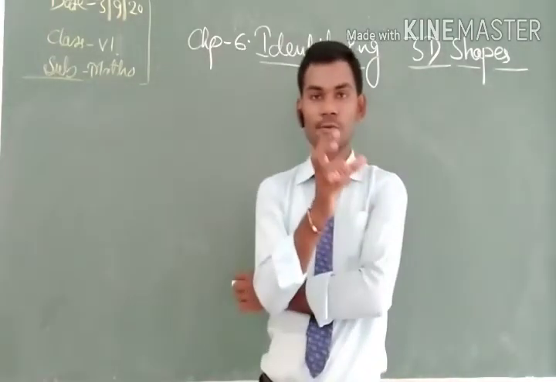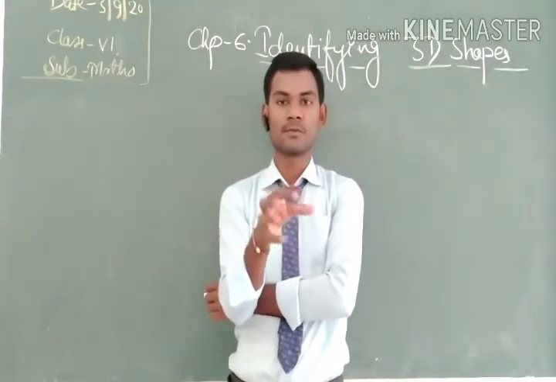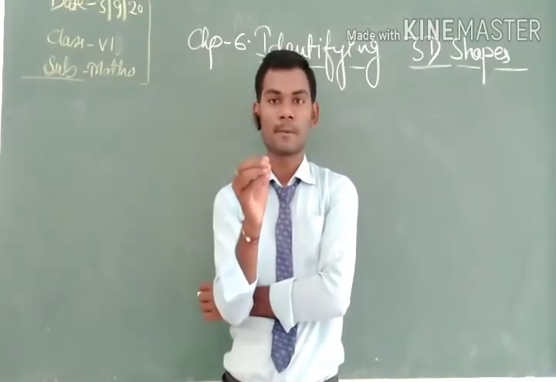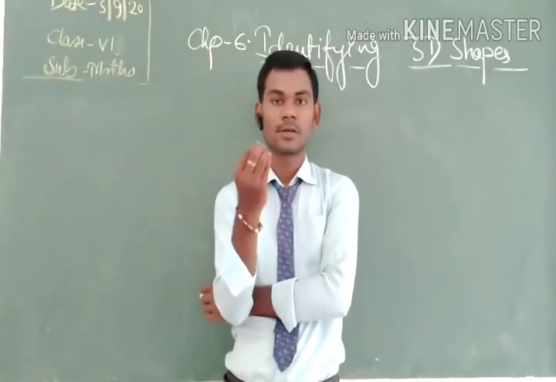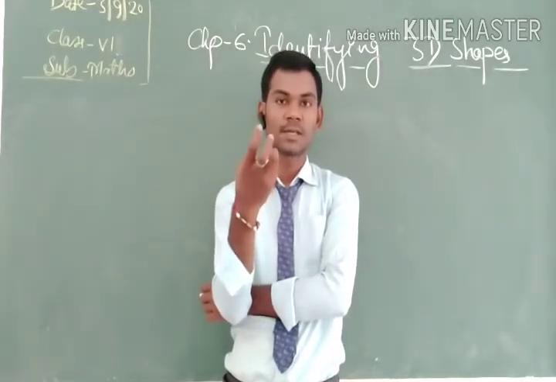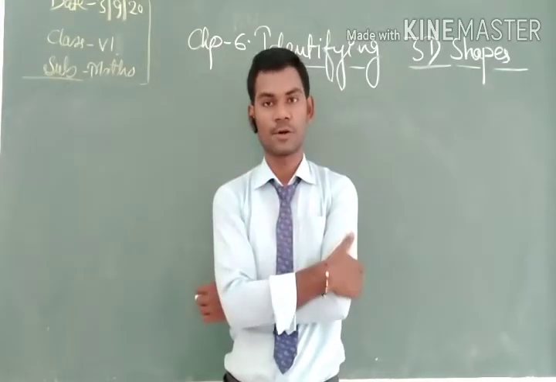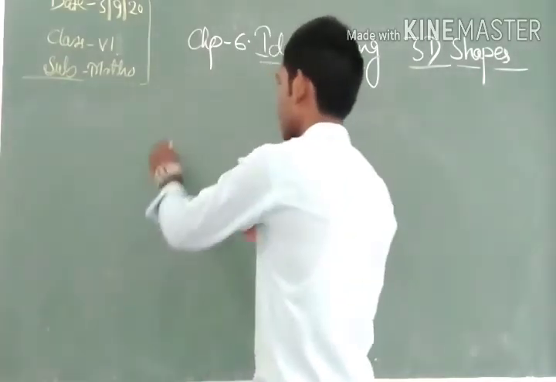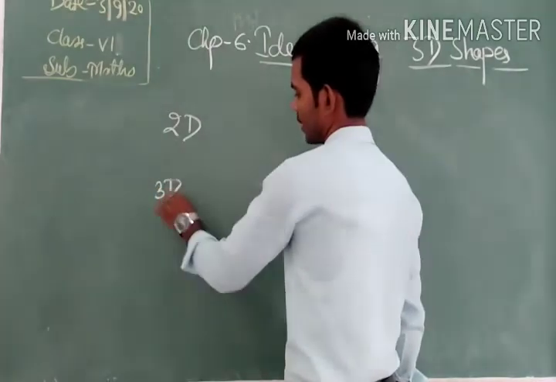The word dimension is used to describe the figure which we study. The meaning of dimension is the quantity, the term by which the figure is formed. So here we are discussing 2D and 3D.